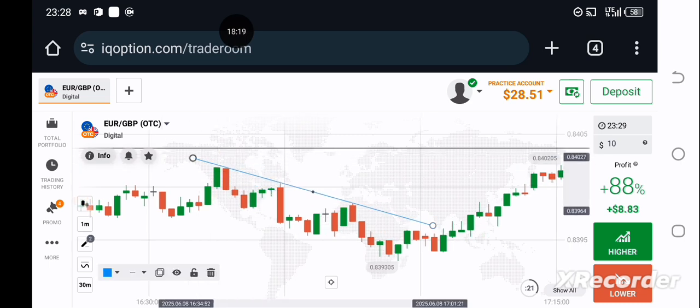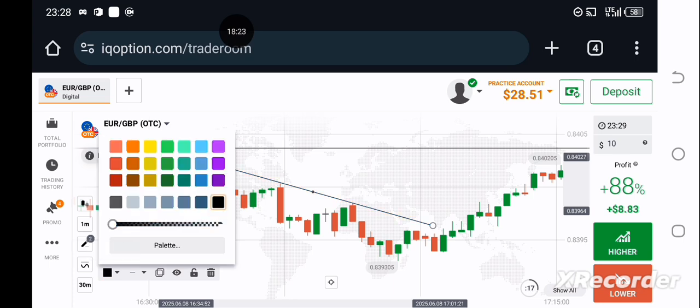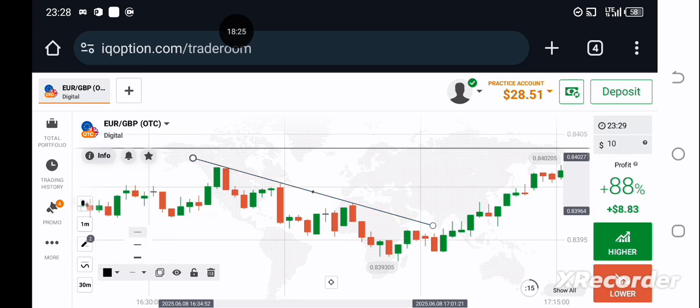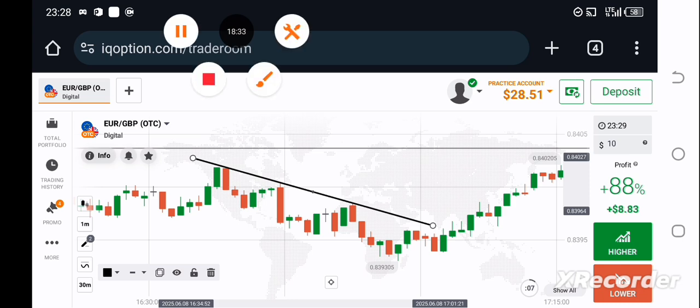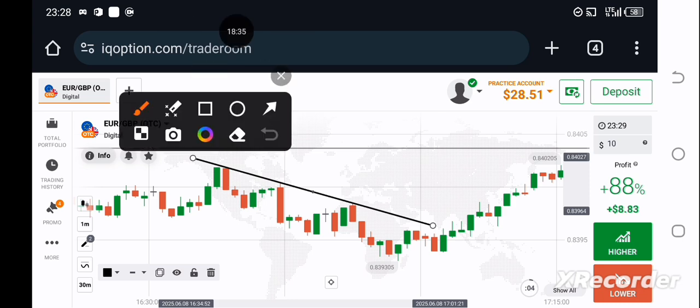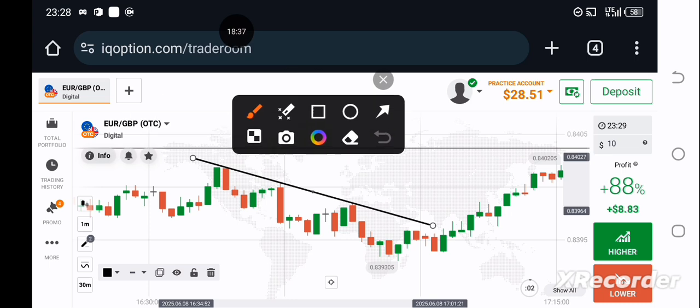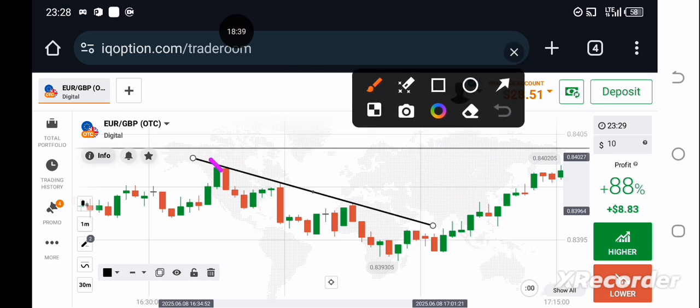You can see this is a different example. Let me make it black and bold so that you'll be able to see clearly. Alright, hope you can see this. Now, look at this situation carefully. The market moves like this, like this, like this.